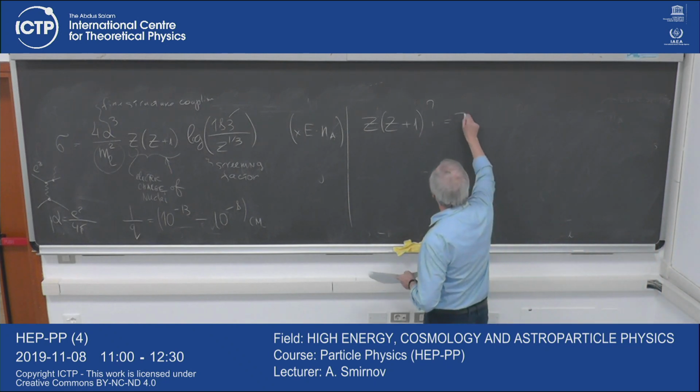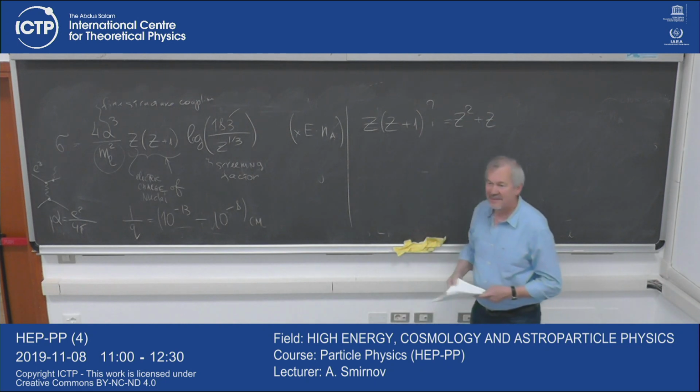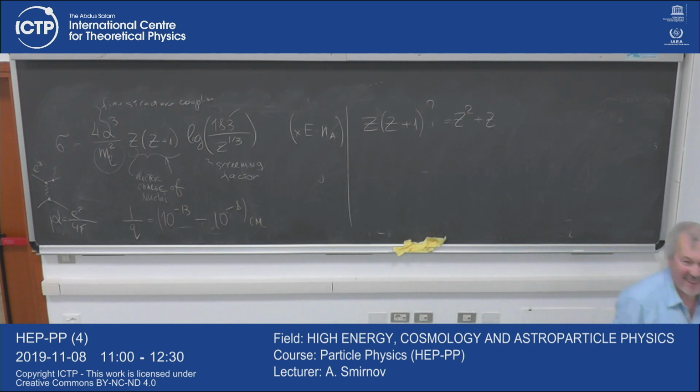Okay, I can write it as z squared plus z. Does it help? But if it was that square, it was easier to guess. So what is this? Because the particle can have a charge of z times. No, this is z, the charge of nuclei. Oh, okay. Okay, so yeah.